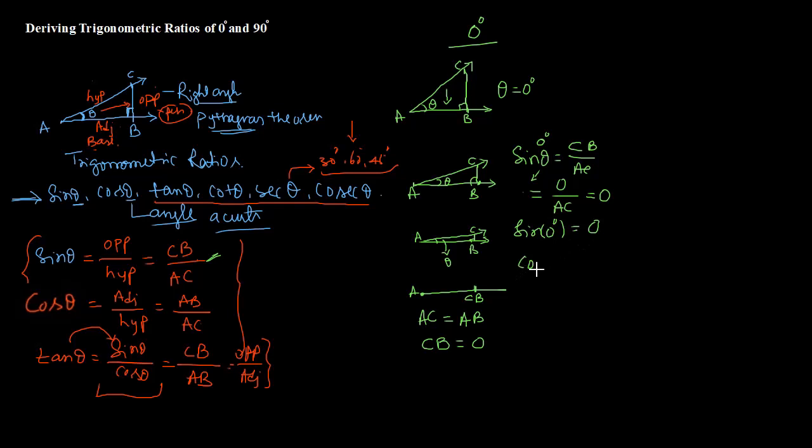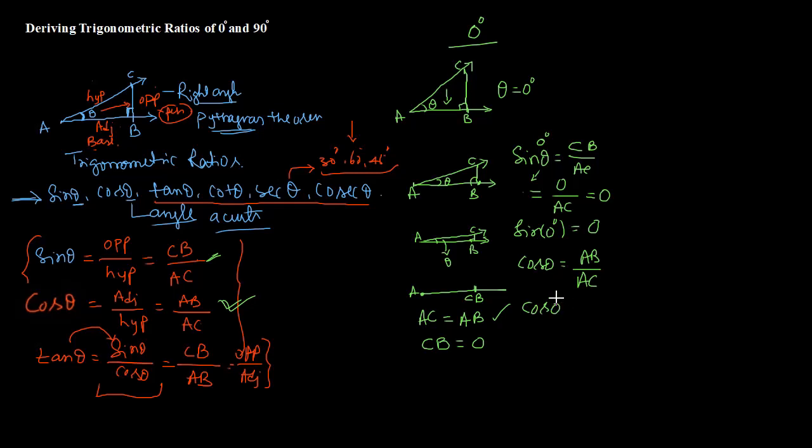Similarly, cos theta will be equal to AB by AC. That's based on this. But remember, when we reduced that theta angle to 0, AC started lying on AB because theta was 0 and AC became equal to AB. So that's what we wrote here. If AC equals AB, what's going to happen?